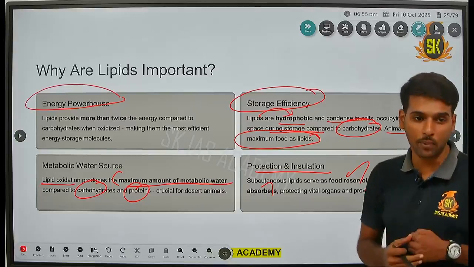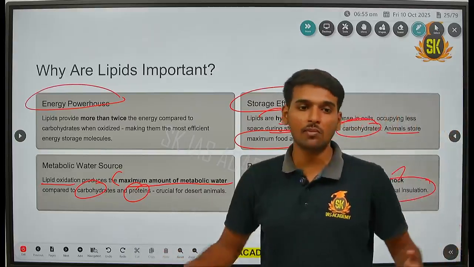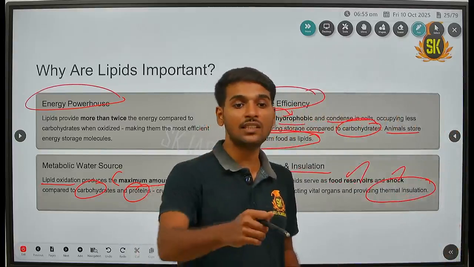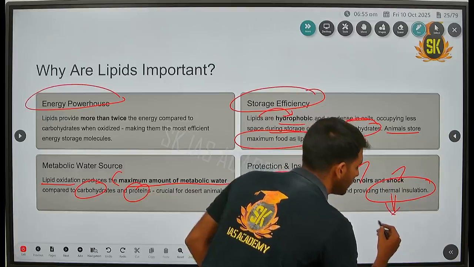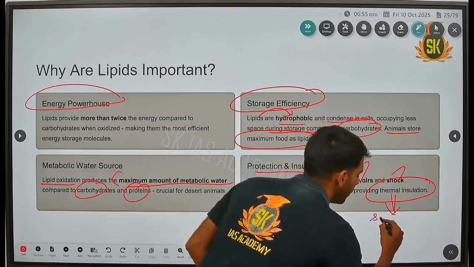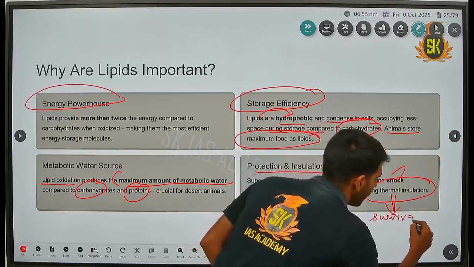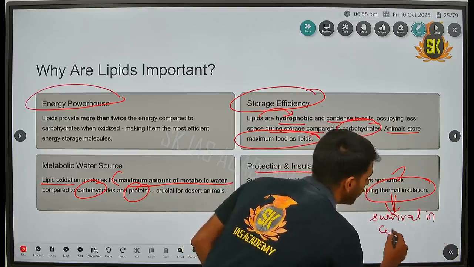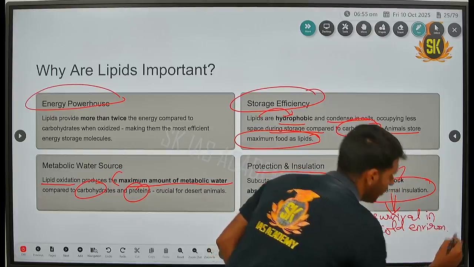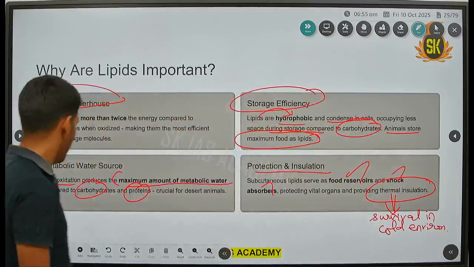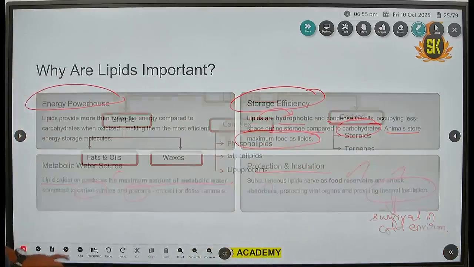We know that a fat organism can survive even in extreme cold environments, right? So it provides survival in cold environment. Okay, understood? So it is an important point to note.